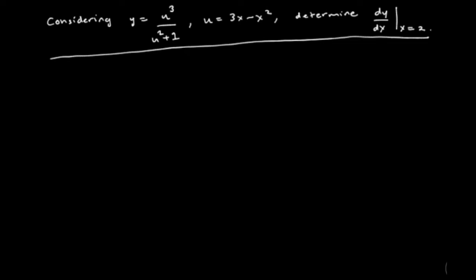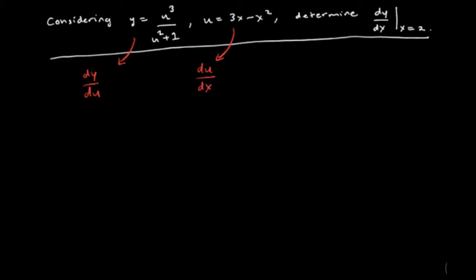the chain rule is utilized when we have a composition of functions, or a composite function. If we want to find the derivative of y is equal to u cubed over u squared plus 1, then the derivative would be the rate of change of y with respect to u. If we wanted to find the derivative of u is equal to 3x minus x squared, we would find this derivative as du with respect to dx.